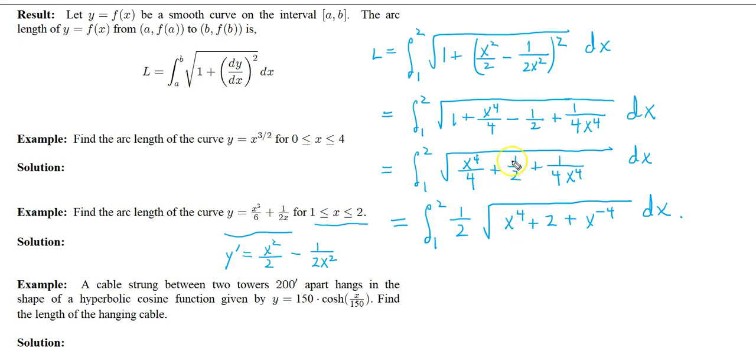Pull a 1/4 away from here, we're left with 2, because if I multiply 2 by 1/4, that gives me back the 1/2. And if we pull a 1/4 away from this term, we get 1 over x to the fourth left over. And then moving the 1/4 outside of the square root, it will become 1/2. Notice if we move this 1/2 back inside the square root, it will become the 1/4 again.